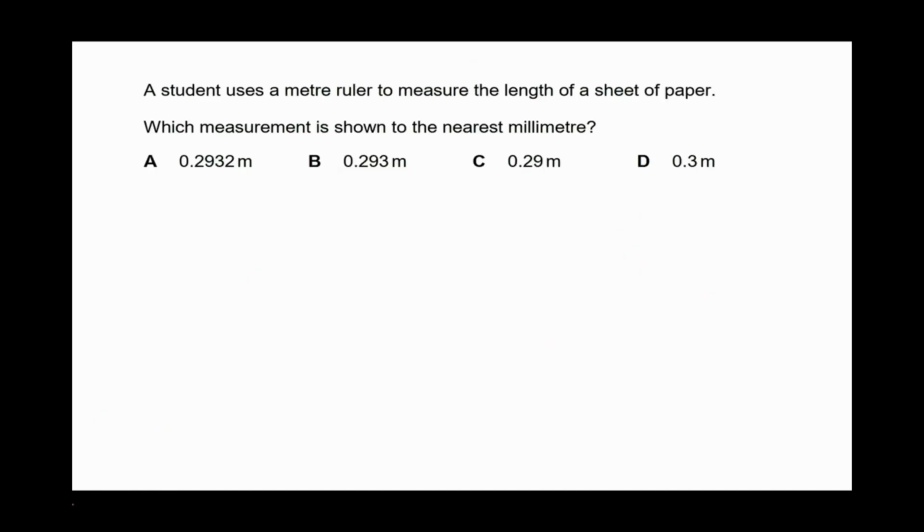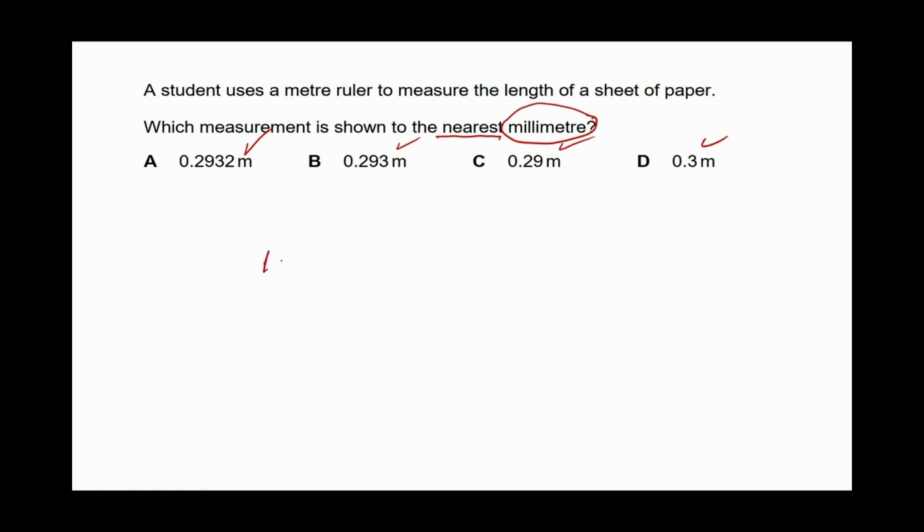A student uses a meter ruler to measure the length of a sheet of paper. Which measurement is shown to the nearest millimeter? Okay. All the results are in meters. What is the relation between millimeter and meter?